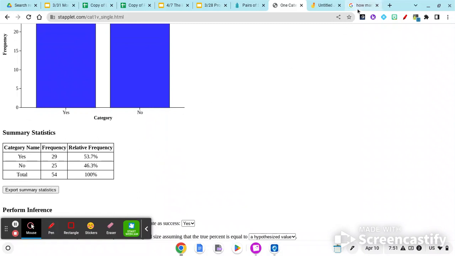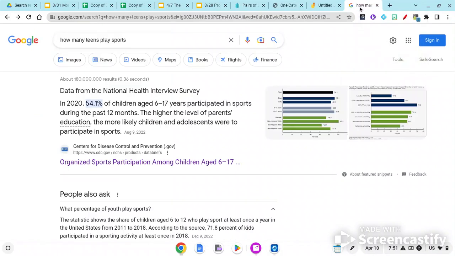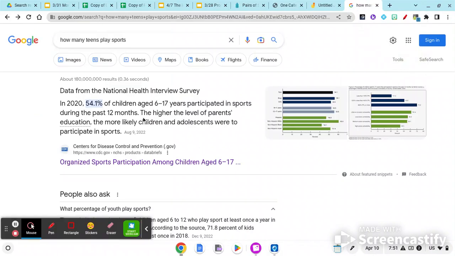So now I went to Google and I said, well, how many teens play sports? And this is children ages 6 to 17, but I did a little bit of digging and I'm just going to go with it. 54.1% of children aged 6 to 17 play sports. So that's where we're going to start.